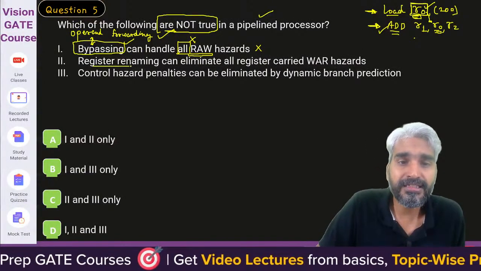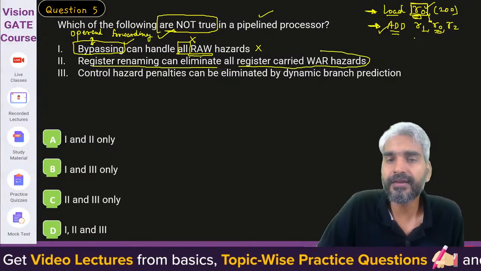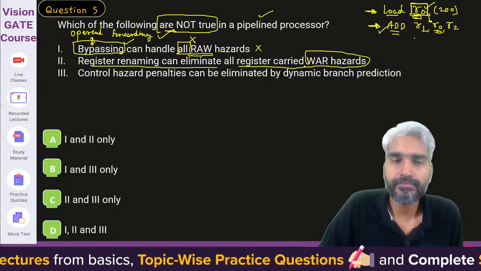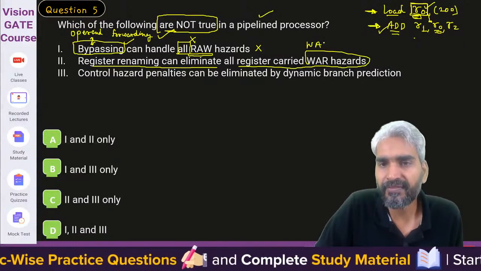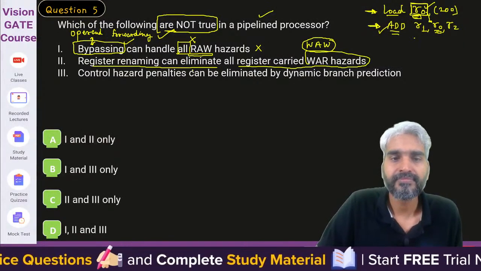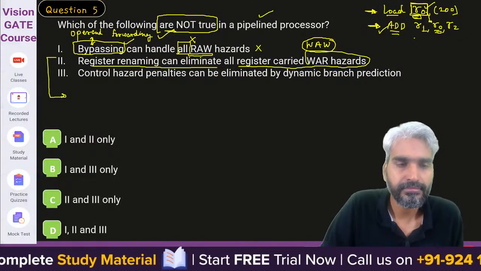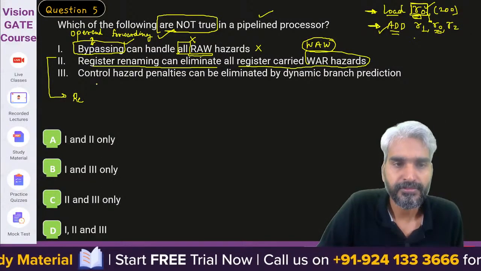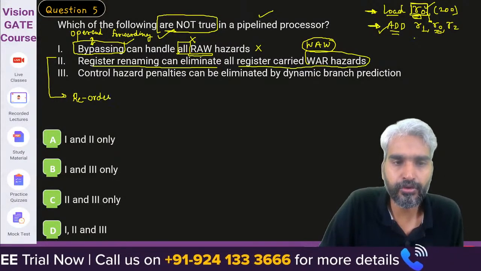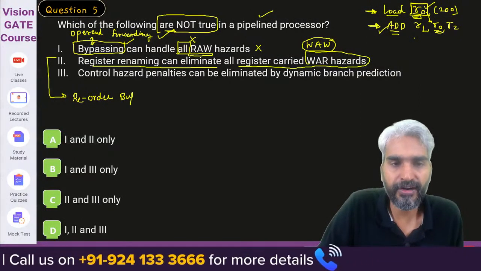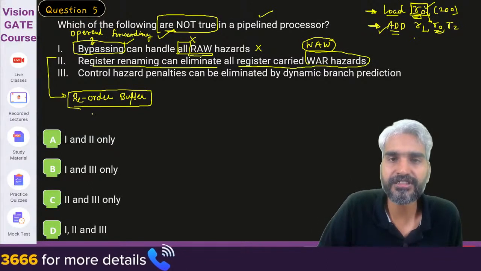Next one is: register renaming can eliminate all register carried write after read hazards. It will be able to eliminate all write after read hazards as well as write after write hazards. You know that we use a thing called a reorder buffer. When we say register renaming, we rename the buffer and we store the result in the reorder buffer temporarily until the out of order instruction is executed.